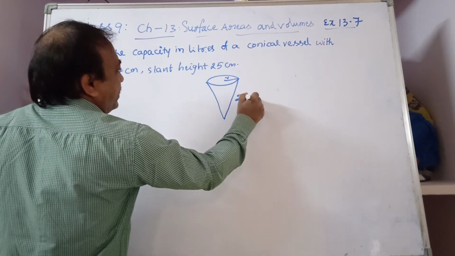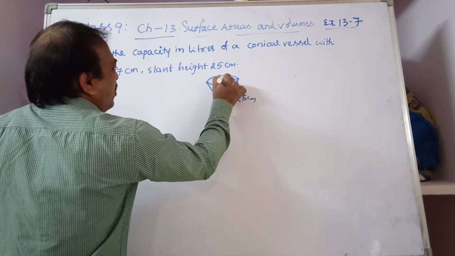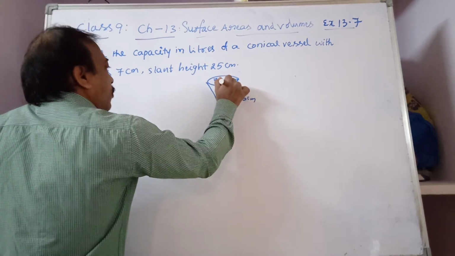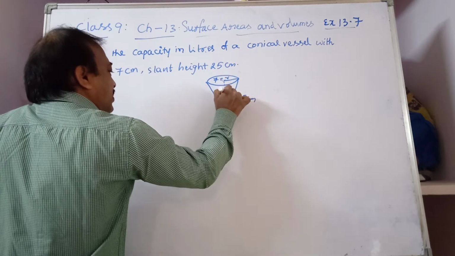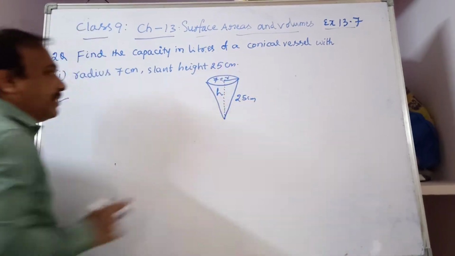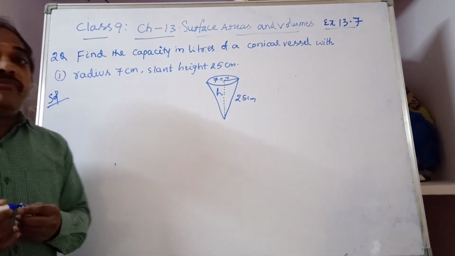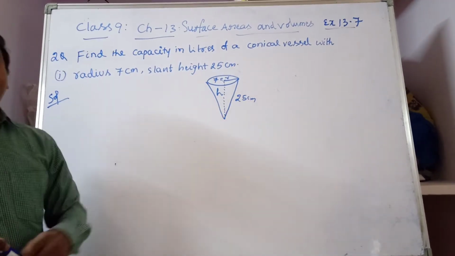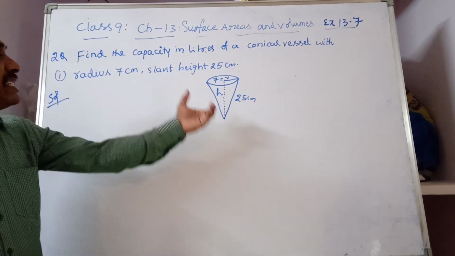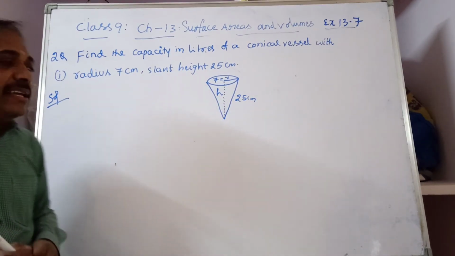The slant height is 25 centimeters and the radius is 7 centimeters. From the vertex to the center of the circle at the base is called the height. So what is the capacity of this conical vessel, he is asking.